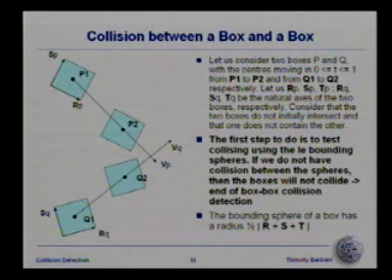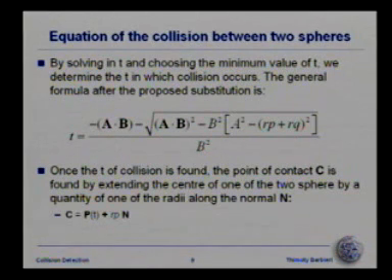Of course, before doing all this stuff, the best thing to do is to consider the problem using bounding spheres. That is, you could determine initial radii for the boxes and use those radii for creating spheres which encapsulate the boxes, and try to make a sphere-sphere collision using this kind of check.